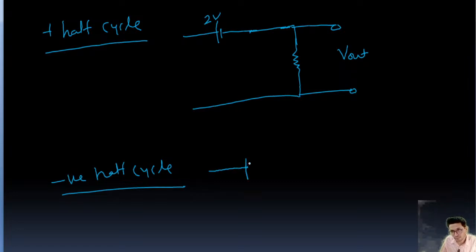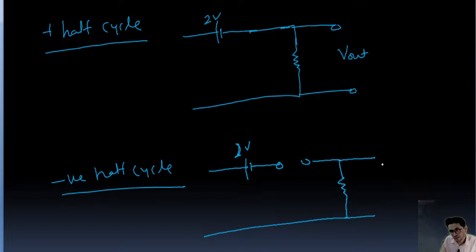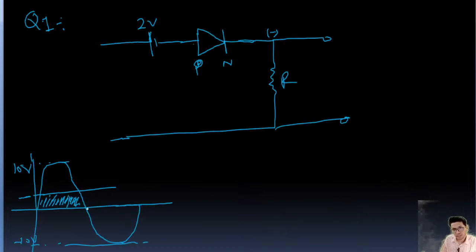This is the 2 volt battery, and this will be open circuited. So in that case, you can see V output is going to be 0 because this is open circuited, which means no current will flow, right? So V output is going to be 0.